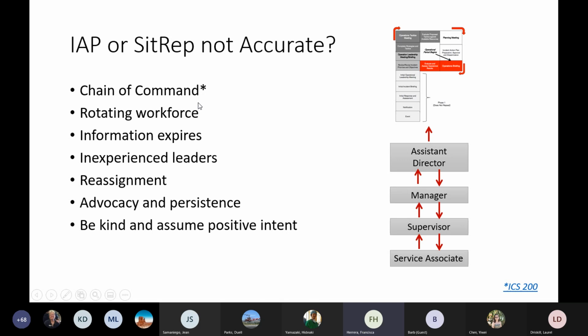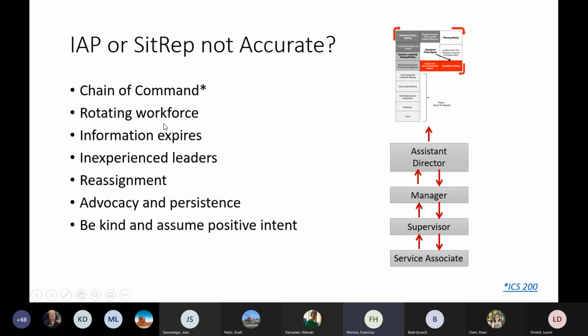That may not be the only reason, or may not be the reason in certain situations, of why there's lack of accuracy. It could also be a reflection of rotating workforce. Sometimes when we've had a significant shift in workforce, we've had a transition from the first 14-day crew to the next 14-day crew, for instance, individuals need to resettle themselves into the process, connect to their new supervisor, their new manager, gauge exactly what work they're doing and who they're reporting to.